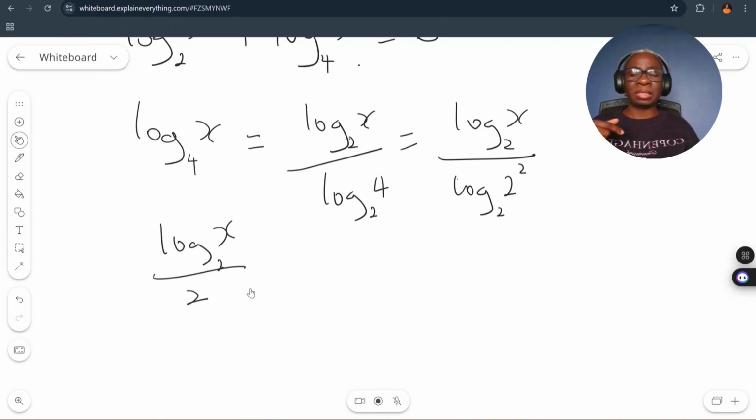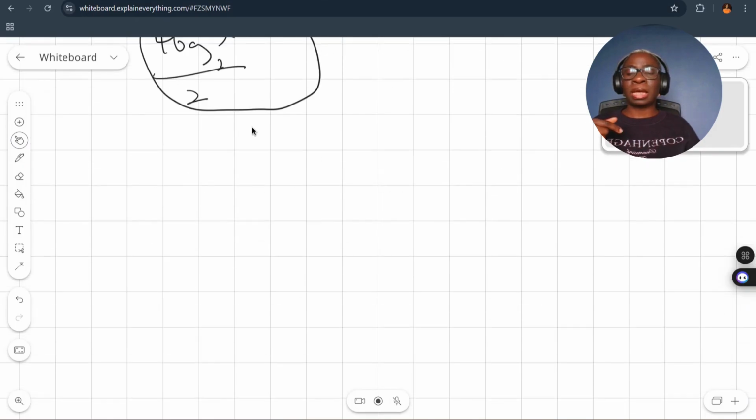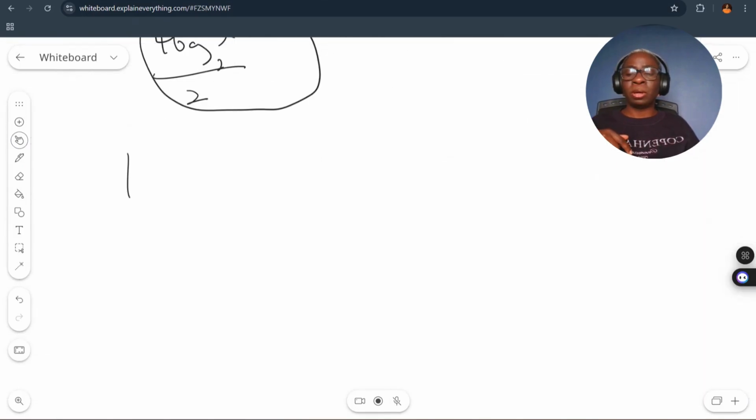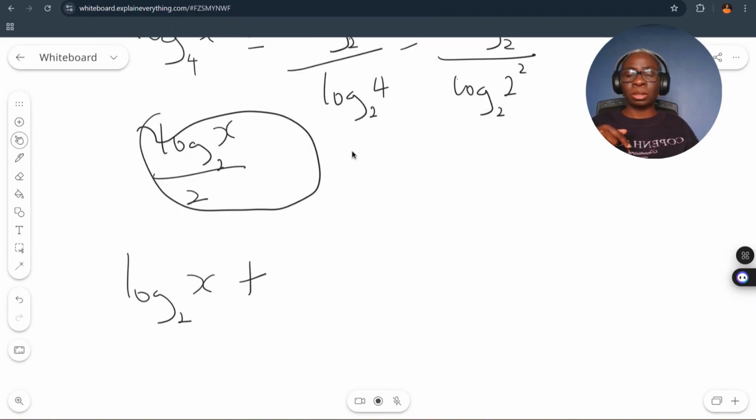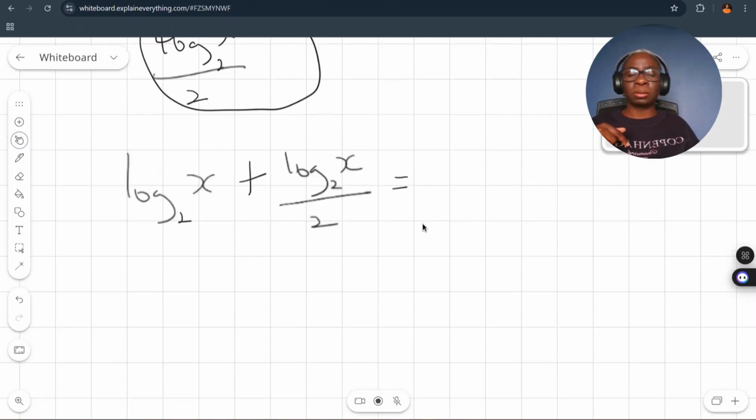When we simplify it, we can put this back into our given equation, so the equation now becomes log x base 2 plus log x base 2 over 2 equals 6.